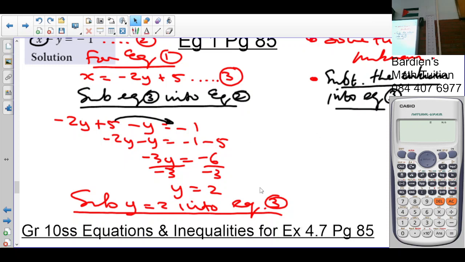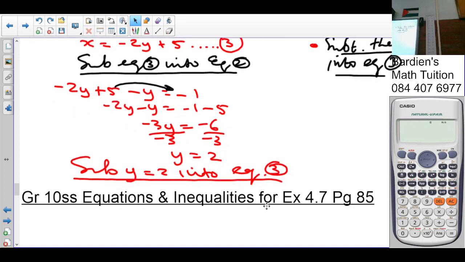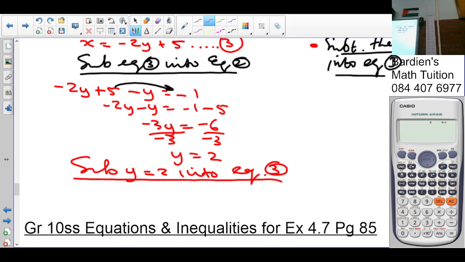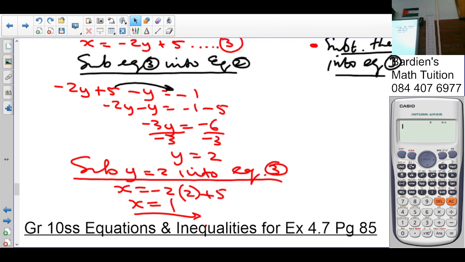So we substitute it into equation 3. What is it now going to read? X is equal to negative 2 times 2 plus 5. What's negative 2 times 2? Negative 4. Negative 4 plus 5? So x is equal to 1. Okay? We leave it like that. So now, let's check here. If x is 1, then y is 2.